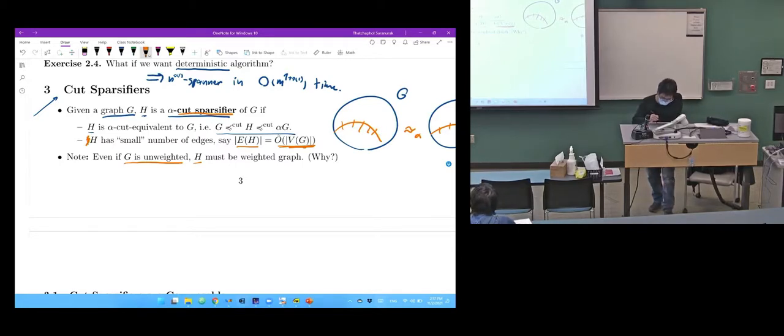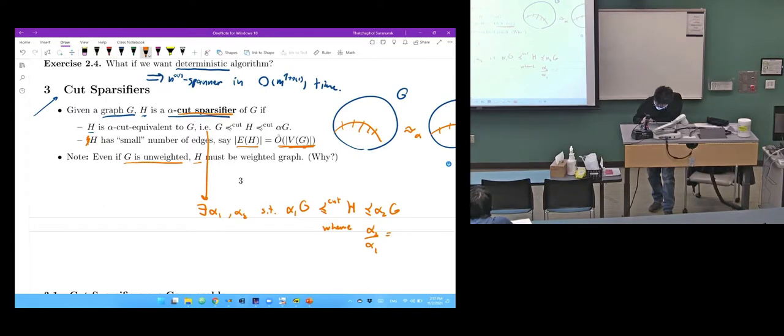If we relax this a bit, as we defined in the lecture, we said that there exist alpha 1 and alpha 2 such that alpha 1 times cuts of G are at most cuts of H, which are at most alpha 2 times cuts of G, where alpha 2 over alpha 1 is alpha.